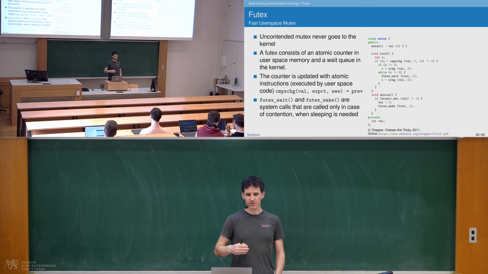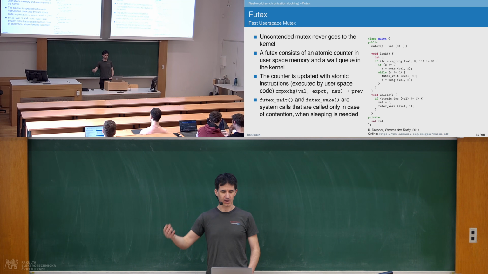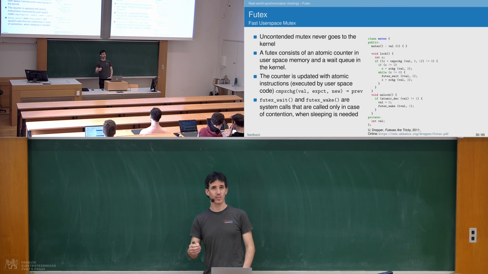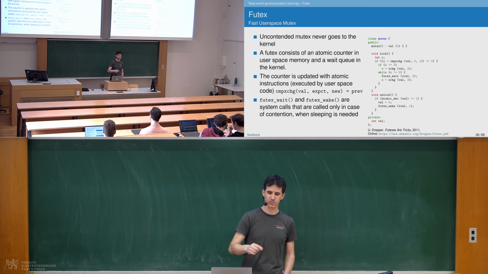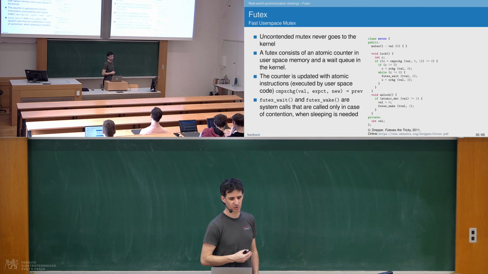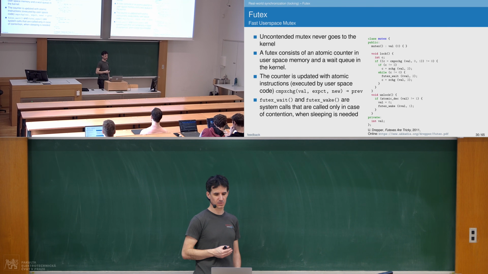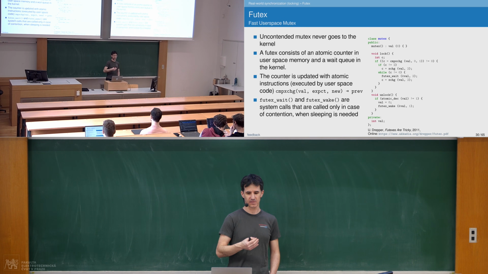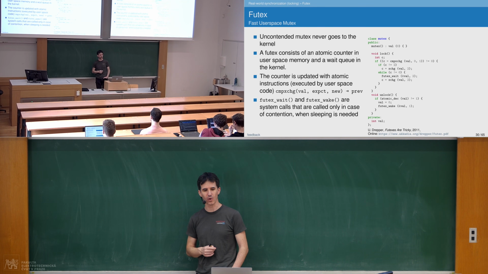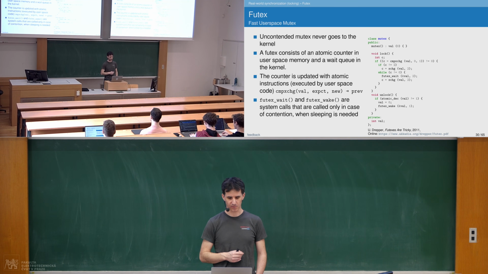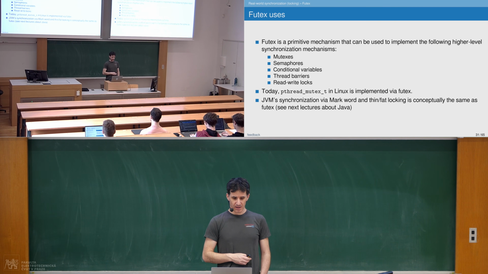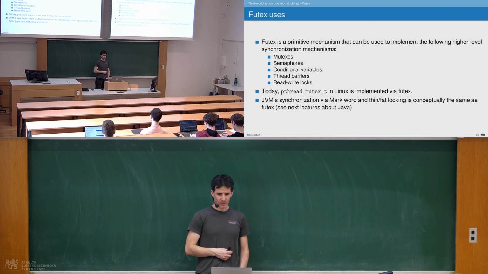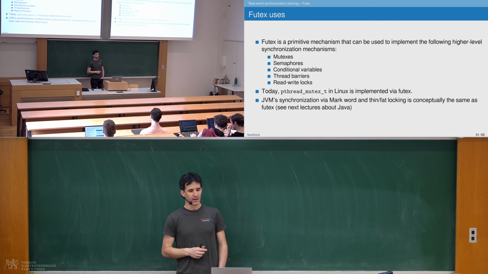The current owner of the futex, whenever it unlocks the mutex, sees there is somebody waiting for that mutex. So instead of simply incrementing that atomic variable, it calls the kernel, something like futex wake, waking one or more threads waiting for the futex. So the idea is pretty simple.